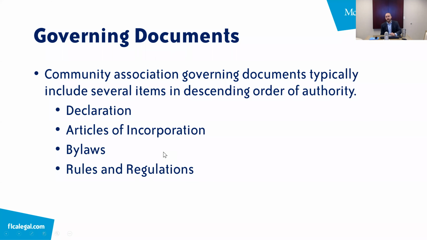Then you have the rules and regulations. Those are typically authorized in the declaration, perhaps in the bylaws as well, that the board can adopt rules and regulations further regarding common area use or parcel use. It is important to note, though, don't just assume that you can pass rules for parcels or for units by default. There's no statutory mechanism that allows you to do that.